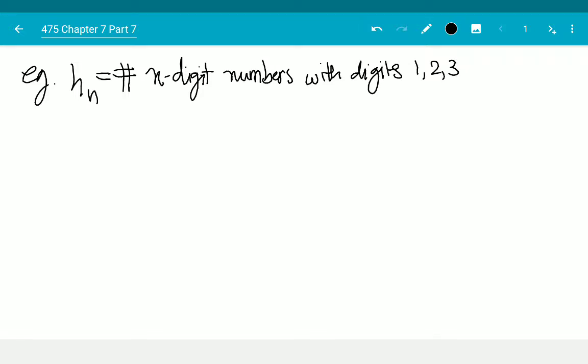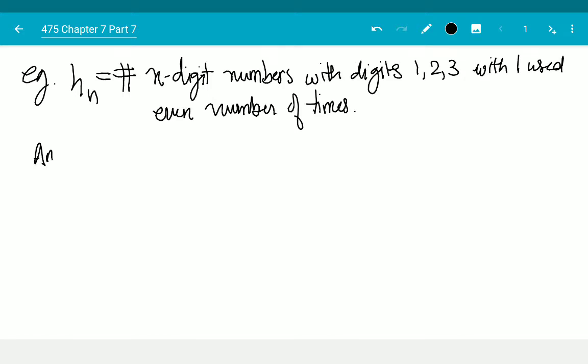And these are the only ones that I'm allowed to have, with 1 used an even number of times. Well, I have to figure out how many ways there are of writing some n-digit numbers with just the digits 1, 2, 3, where 1 is used an even number of times. So, answer.